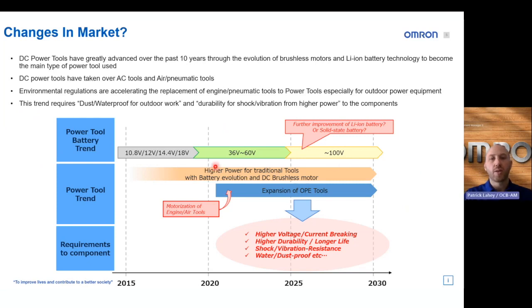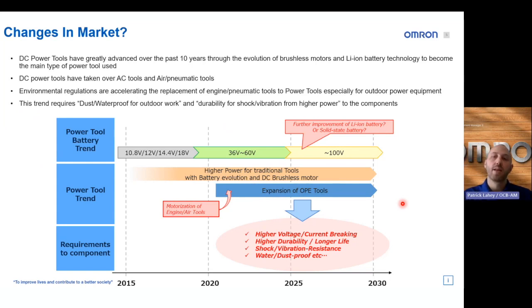So with that trend, typically we see it done in the higher power for traditional tools with the battery evolution. But now we are starting to see that expansion in the OPE tools as we are now moving the tools to electric motors away from the engine or air motor tools.